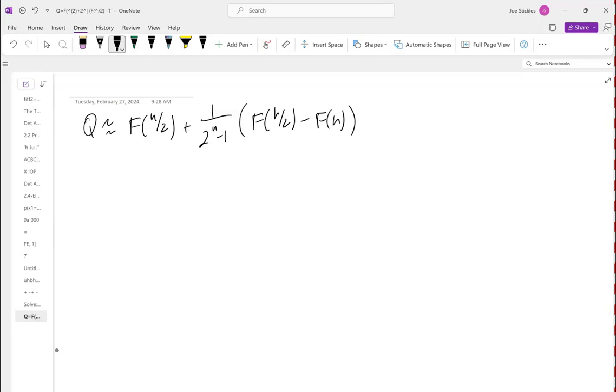We also wrote that out in words. The f of h over 2 part is your next approximation, supposedly the better estimate, with h half the size of what it was before. The n says your original approximation, f of h, was your order n approximation. So that's what's going on in the exponent.